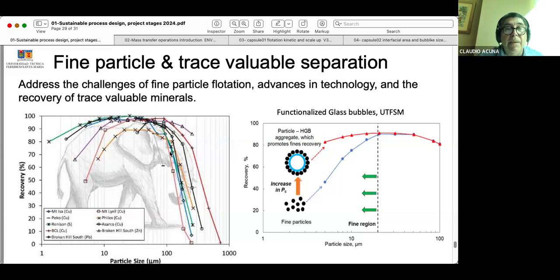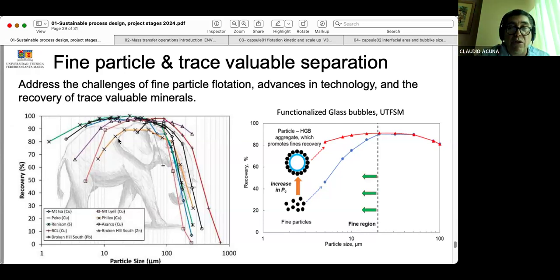So again, the probability of collision in the case of fine particles is very low, and it increases a lot when you have coarse particles. This is probability of collision. Probability of attachment is very high for fine particles, because the particle moves very slowly along the bubble and has enough time to break the liquid surface.